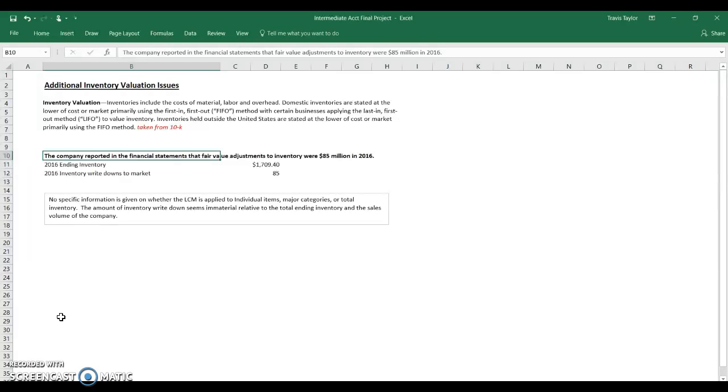They basically acquired inventory that then did not have the value that was stated. No specific information is given in the financial statements on how the lower of cost or market is applied, whether on individual items, across major categories, or on total inventory. But overall, the amount of inventory written down through the course of the year does not seem to be material.